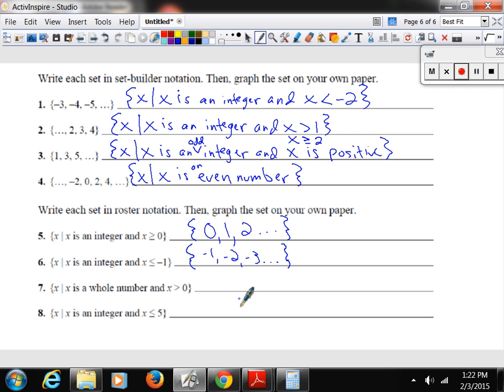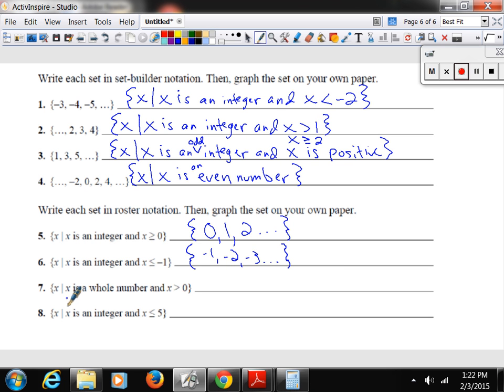Check and see if you got the same answer that I did once you're done. It's got to be less than or equal to -1. So your beginning number would be -1 because it says it could be equal to. Then we're going to do all the less than numbers. -2 is less, -3 is less because they're bigger negatives.